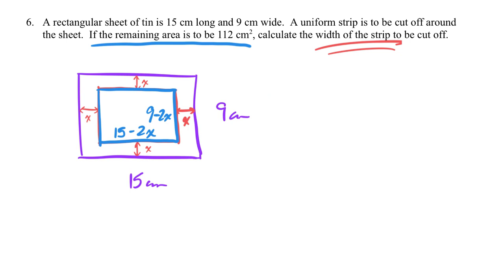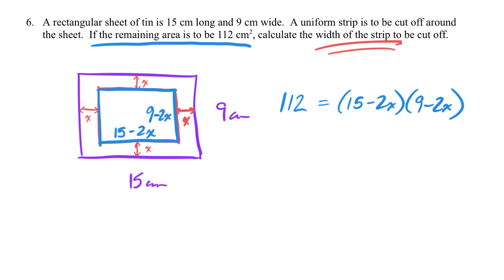Really, I did all the heavy lifting there. I am done. The question said the area was that, so area is length times width, and we are good. On a translating day, you are done right there.